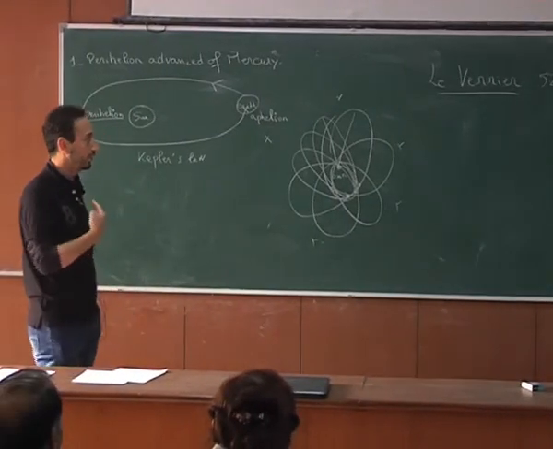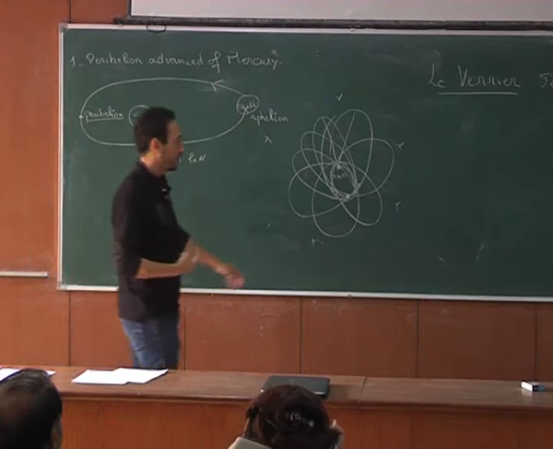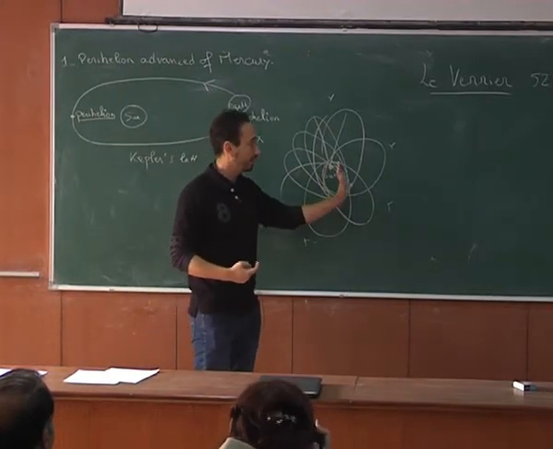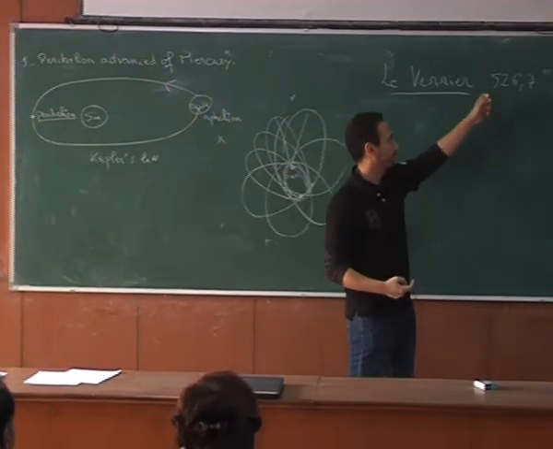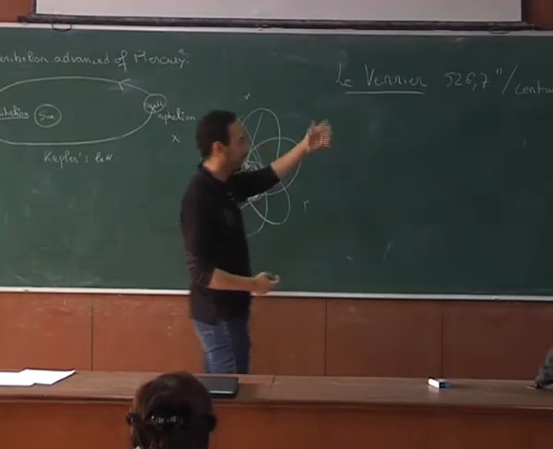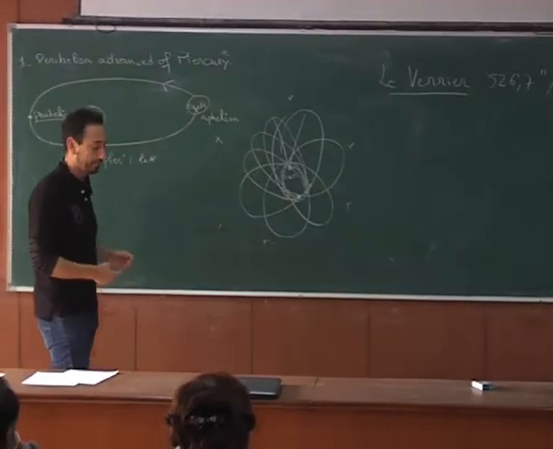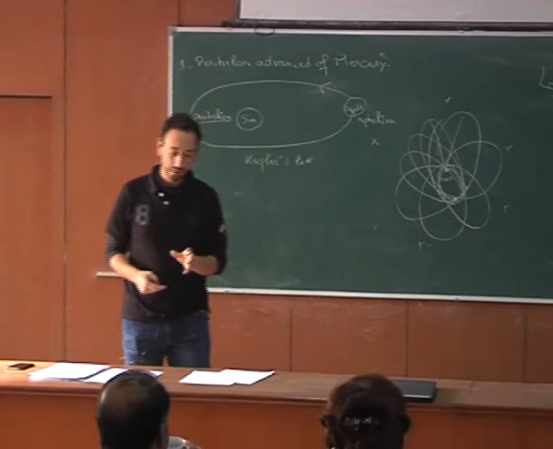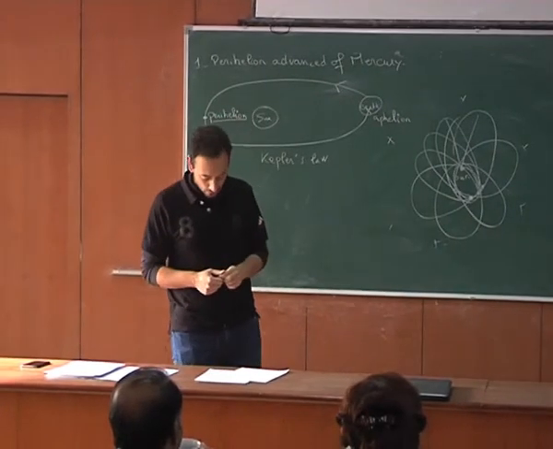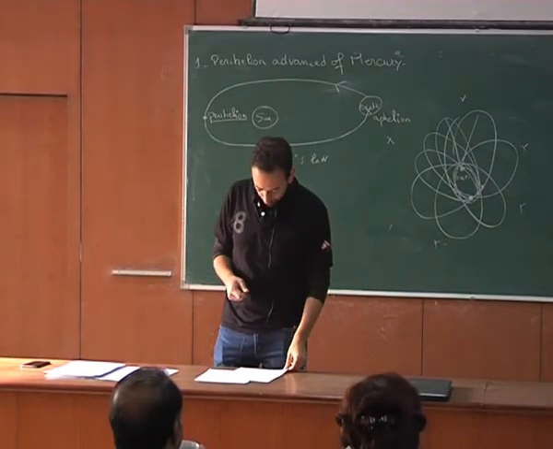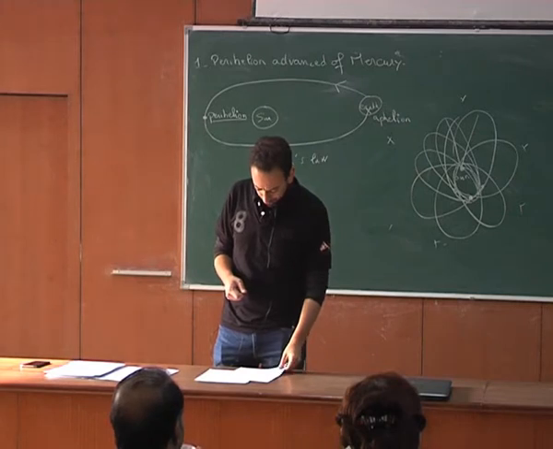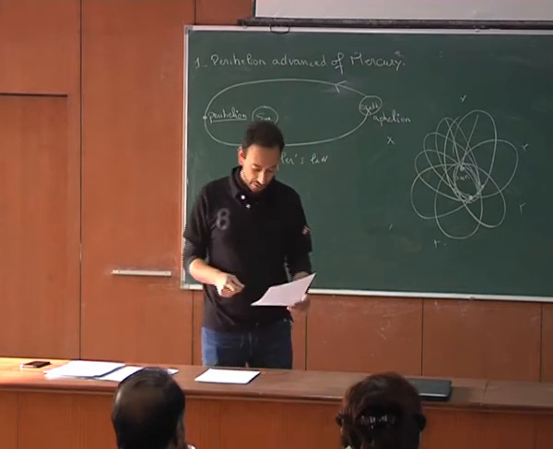You wait 100 years, 1 century, and then you get an angle that you can observe. This is the accumulated shift during 1 century. This is just the classical effect, which comes from the other planets. That is the work by Le Verrier.